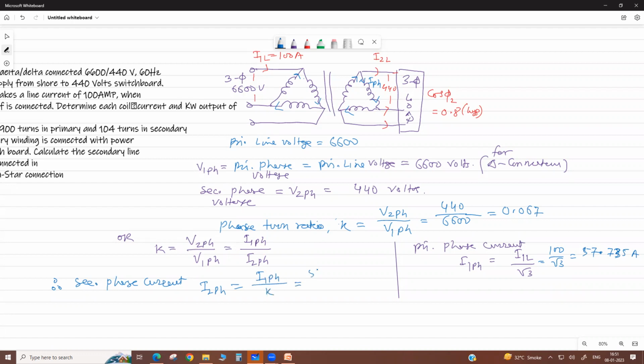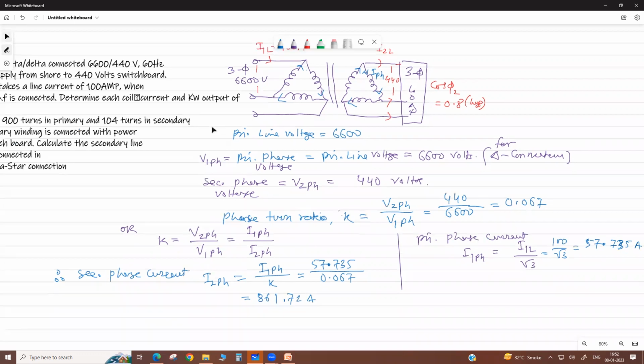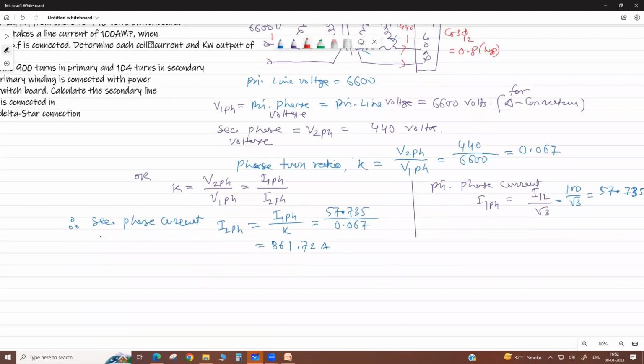It is 57.735 divided by 0.067. We get 861.72 ampere. Okay. So this is the first part, current in each coil. Coil winding means phase current.